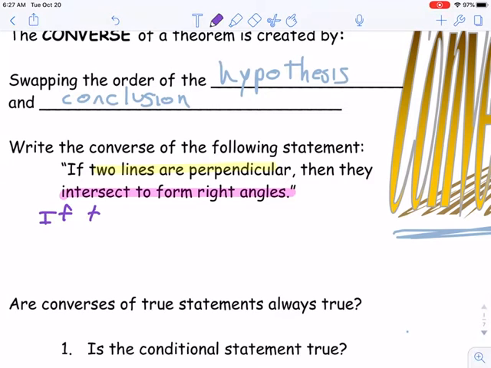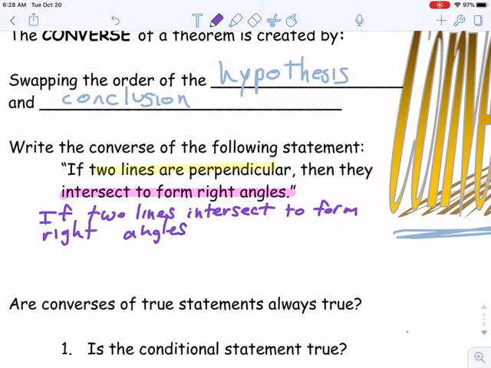So if two lines intersect to form right angles, then they are perpendicular.